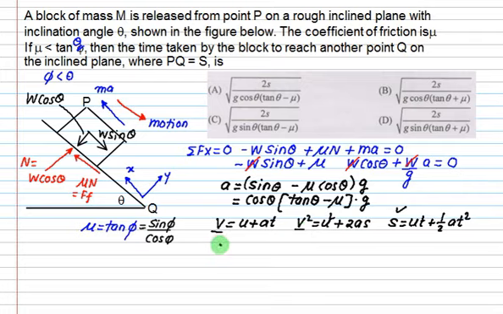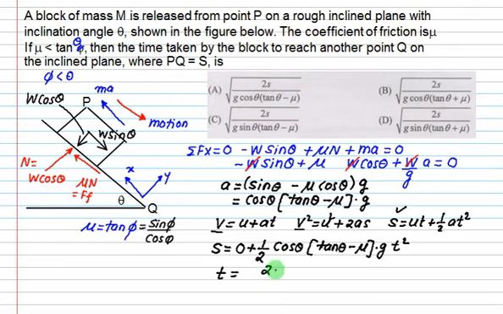So the total distance is S. U, the initial velocity, is 0, plus 1 by 2 times the acceleration we have just found out, g cos theta multiplied by tan theta minus mu, multiplied by T squared. So we have T equals 2 times S divided by g cos theta multiplied by tan theta minus mu, and the whole thing under the root sign.